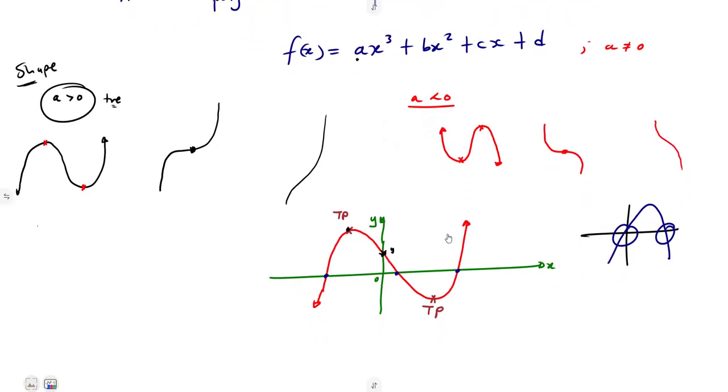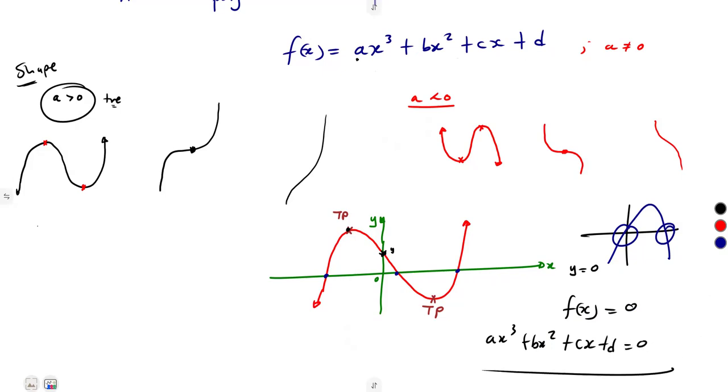The x-intercepts, guys, are as before, because it is on the x-axis where y is equal to 0. So you simply have to consider your f of x to be equal to 0, your cubic function or whatever you have from the equation. Meaning to say, in order for you to solve this, you must go back to the factor theorem, where you have to consider long division, synthetic division, or inspection, where you factorize the cubic, equate to 0, and find the values of x.